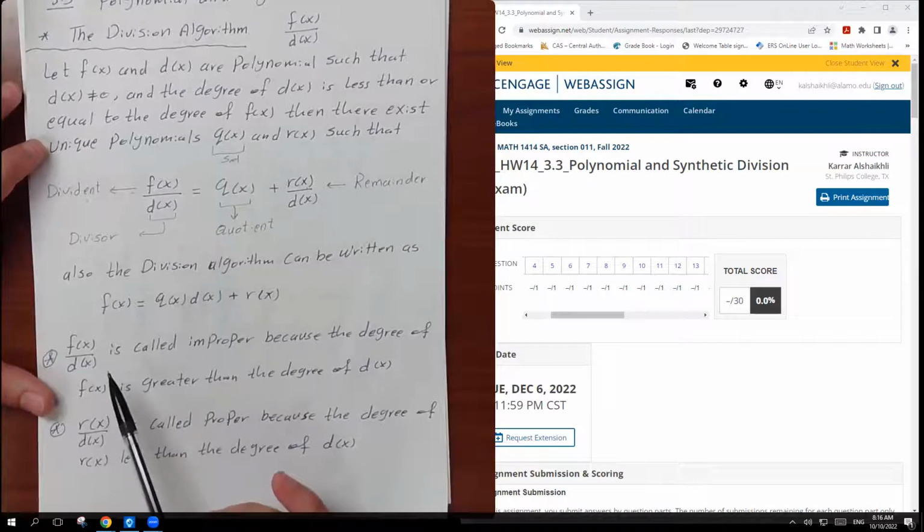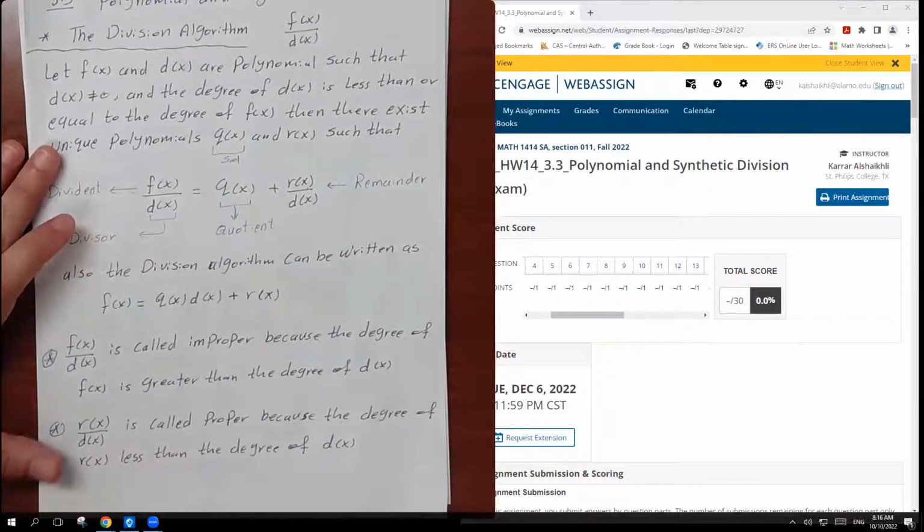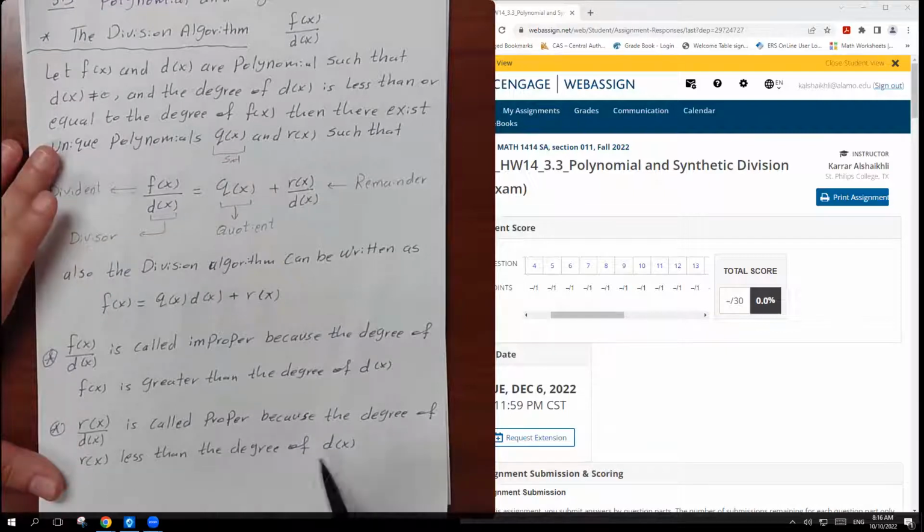If the opposite, it's called a proper fraction or division, because the degree of r of x is less than the degree of d of x.